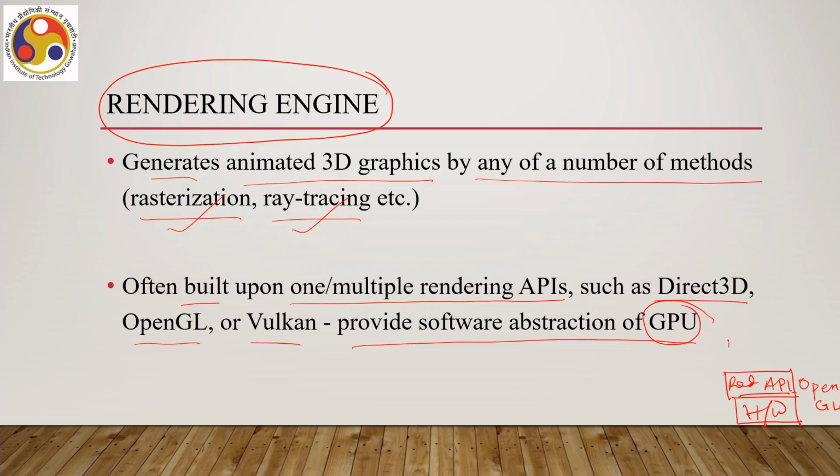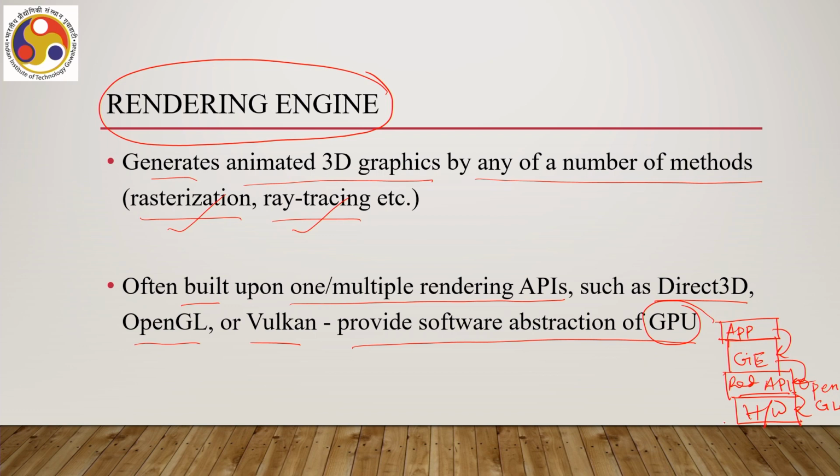On top of it we can have the game engine, and on top of it we can have the application software, which accesses the game engine. Application software accesses the game engine, the game engine accesses these layers, and this layer accesses the hardware.